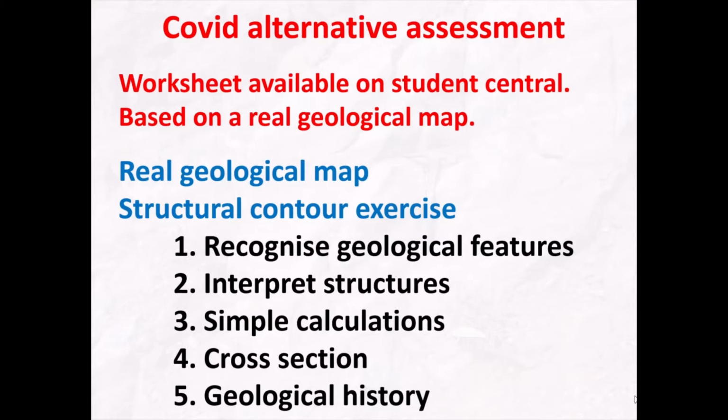But basically what you'll need to be able to do in order to make a success of this assignment is recognize different geological features, interpret what structures would look like in cross-section from how they appear on a map, do simple calculations to do with scales or geometry of features on the map or something to do with the stratigraphic column, be able to draw cross sections and be able to put everything together to write a feasible geological history.